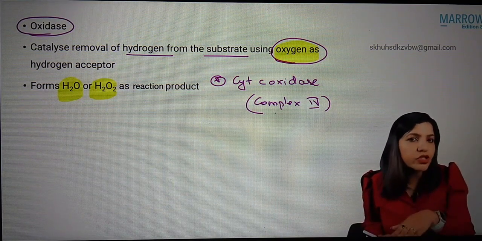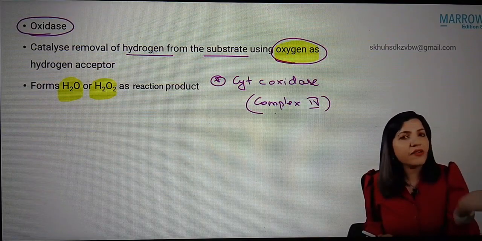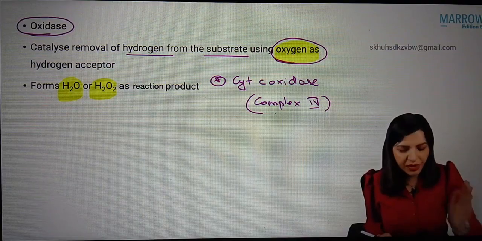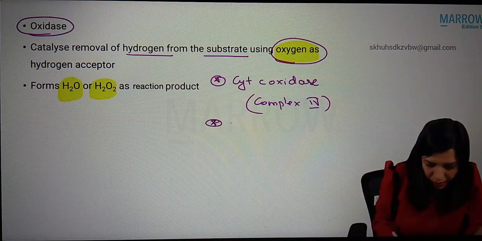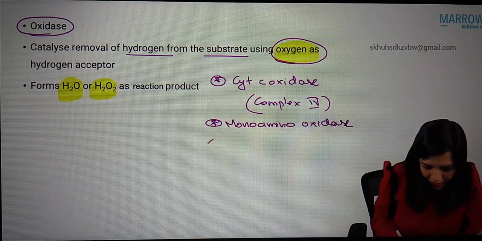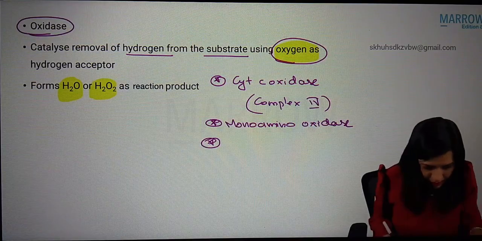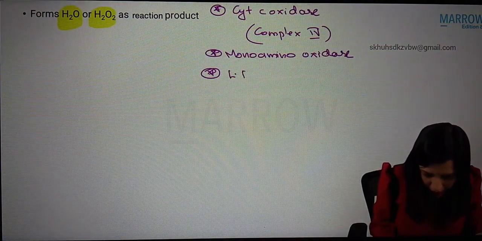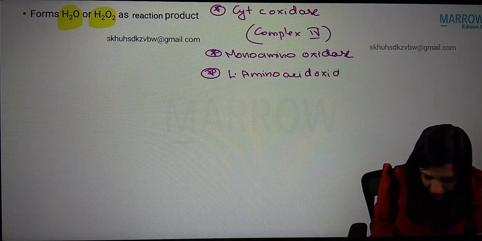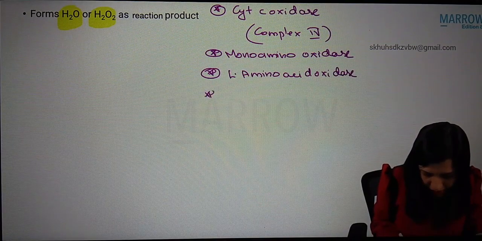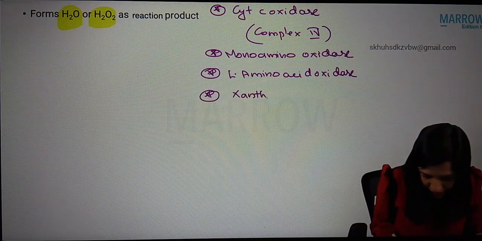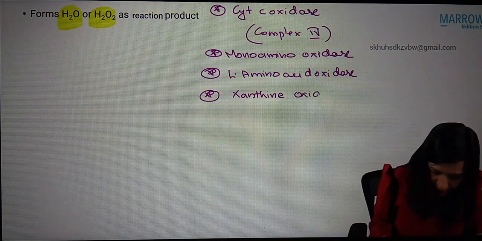It accepts a hydrogen element along with an electron, and finally gets reduced to water, so the same definition fits. The others are monoamine oxidase, L-amino acid oxidase, and xanthine oxidase.